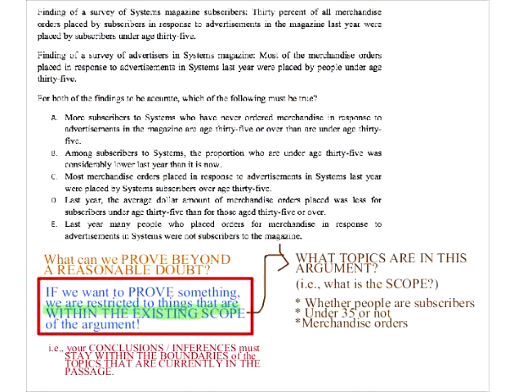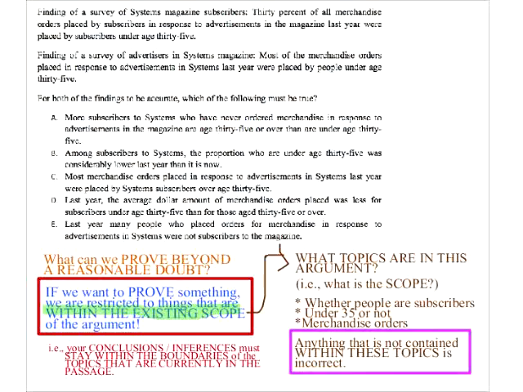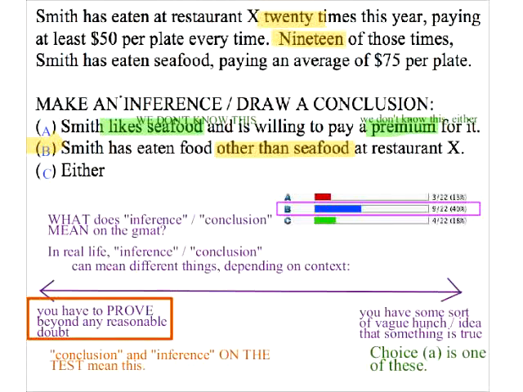So anything that is not contained within these topics is incorrect, because it's just a guess. That's the point. If you are not staying inside the scope of the passage on this question type, then it's wrong. So let's revisit our previous example.